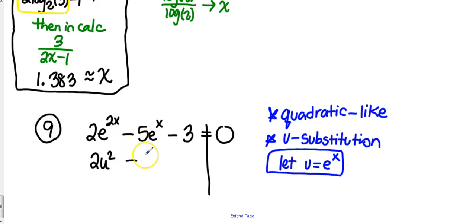Minus 5e to the x becomes minus 5u, and that minus 3 is still along for the ride. Now I clearly see that this is a quadratic I can factor, hopefully. A is not 1, so recall guess and check, inner, outer equals middle. I'm going to, by the way, highlight U substitution so it stands out in your notes.